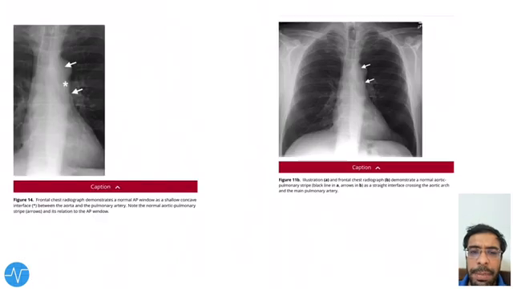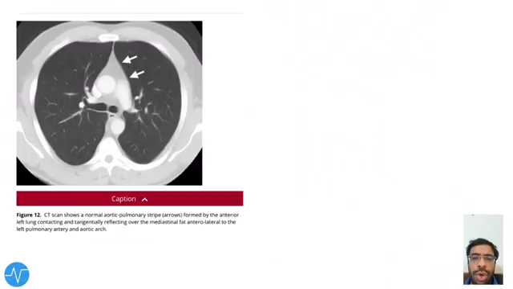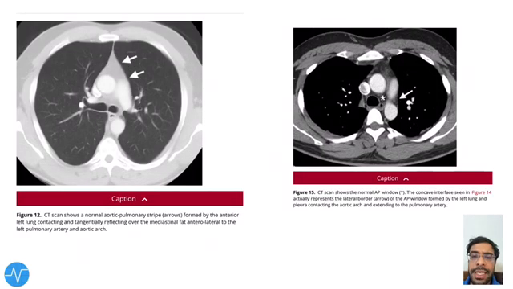Let us differentiate between the aortopulmonary window and the aortopulmonary stripe on chest X-ray. It is very difficult to differentiate between these two. The aortopulmonary stripe and window are clearly differentiated on CT.